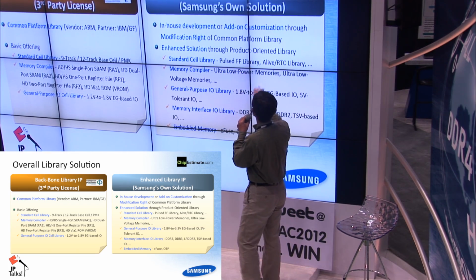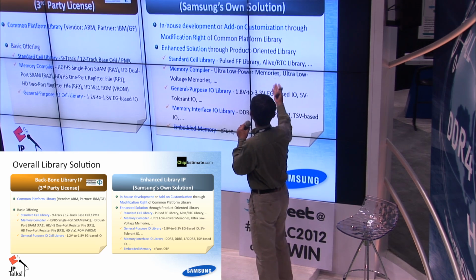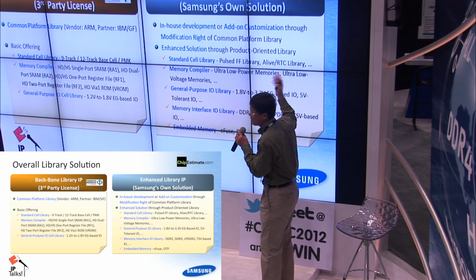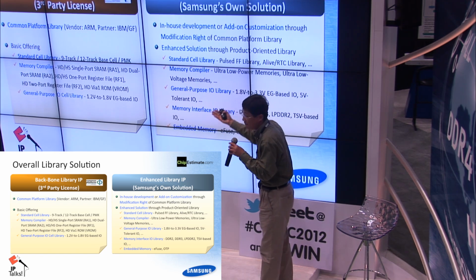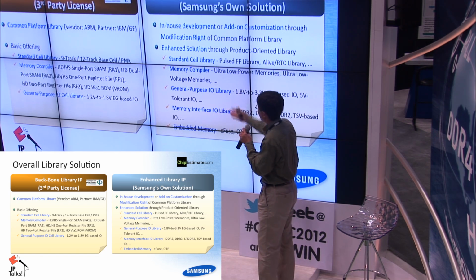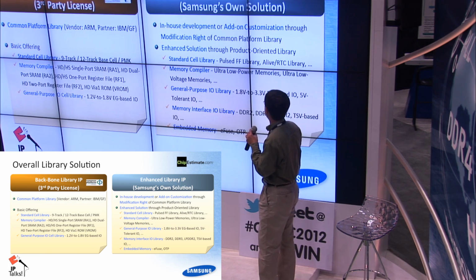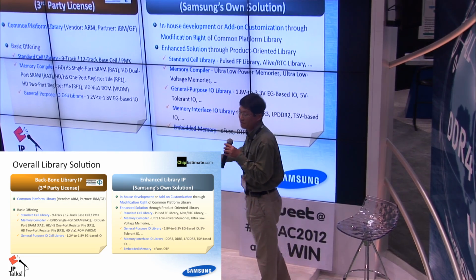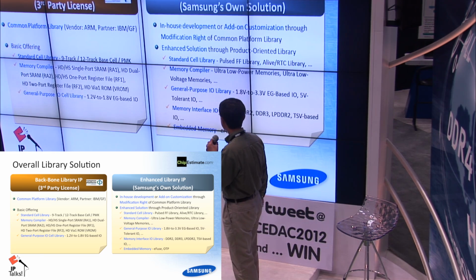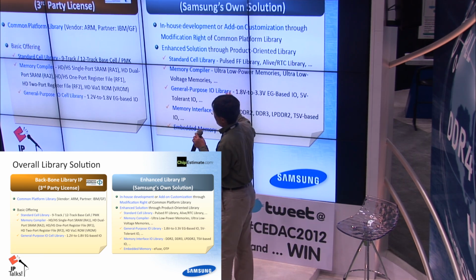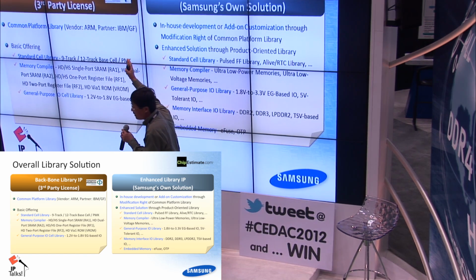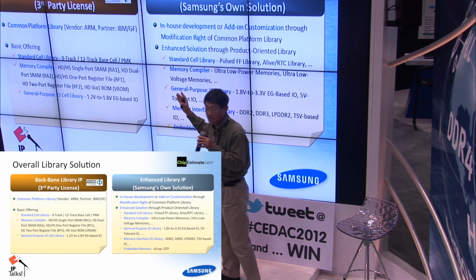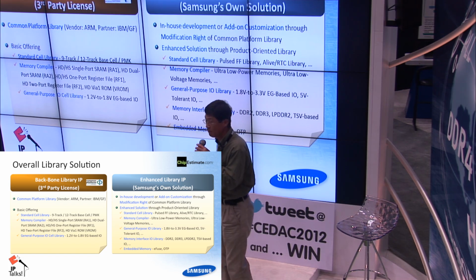We prepare the pulse-based flip-flops and RTC library sets, even higher voltage operation like 1.8 volt and 2.5 volt, ultra low power memories, and also 3.3 volt true interface with 5 volt tolerant. We support that. So basically, what I want to say here is that we support the backbone library, and on top of that, customer-specific, application-specific libraries.